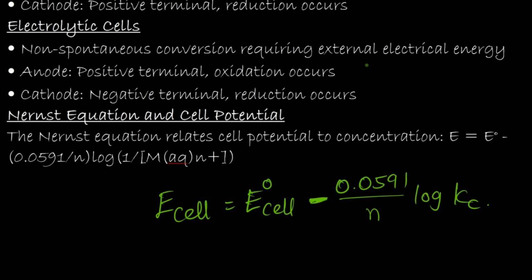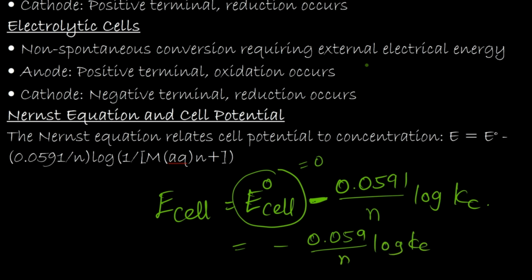Okay, or else you can put the Kc value as well. At equilibrium, this E cell value becomes 0. So at the end you will get E naught cell equals 0.0591 by n log Kc only. Okay.